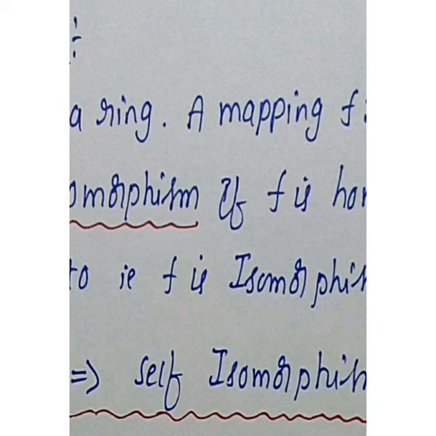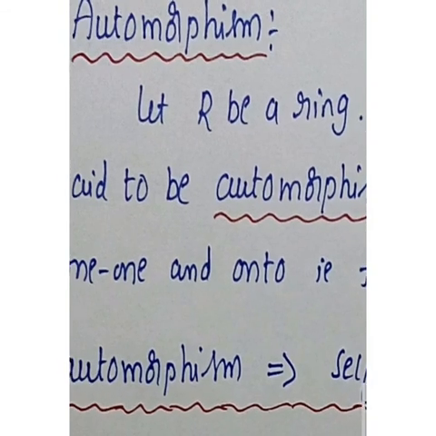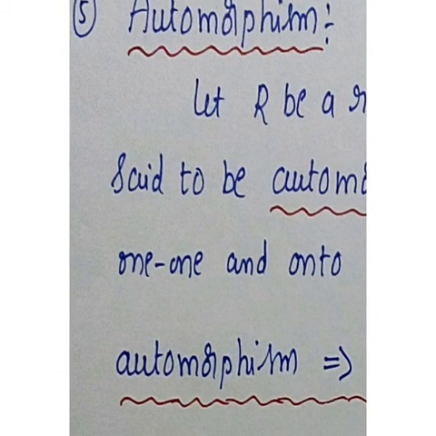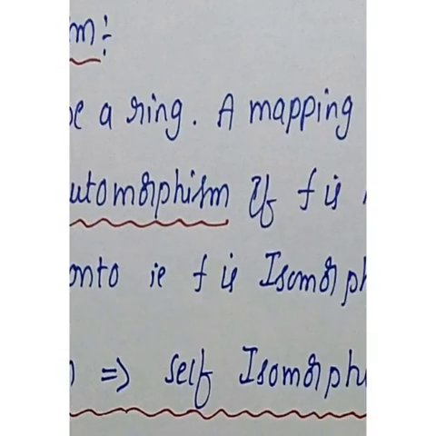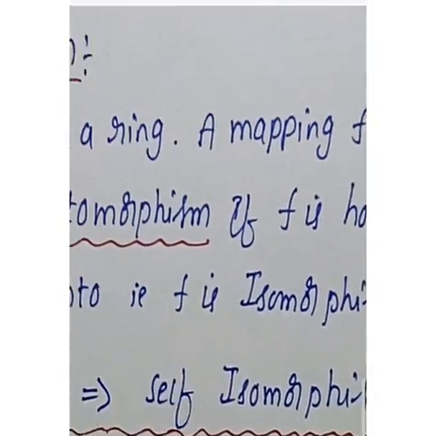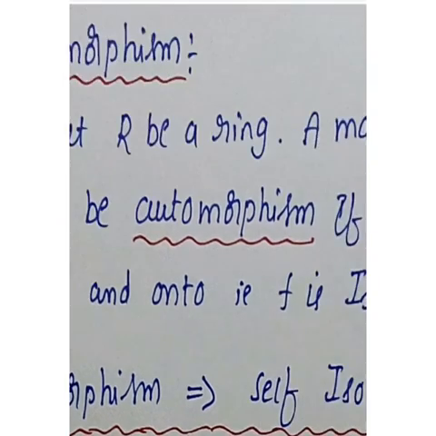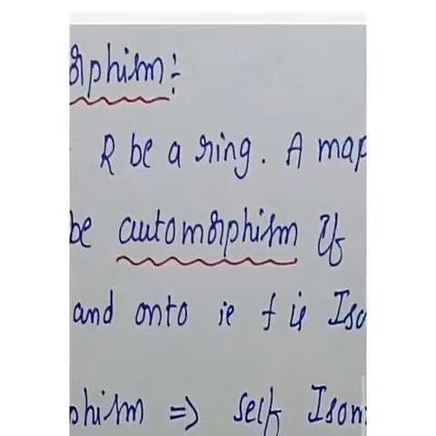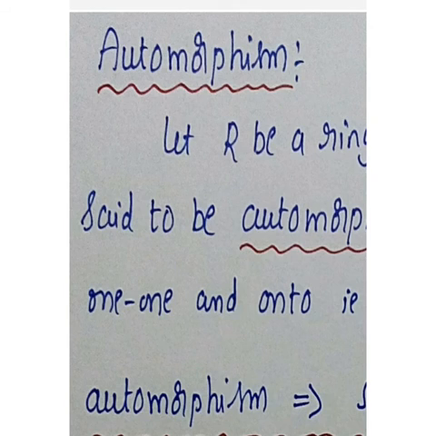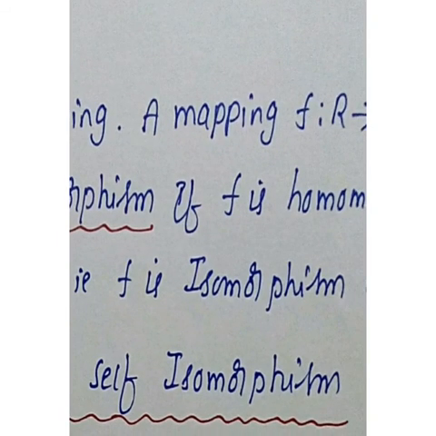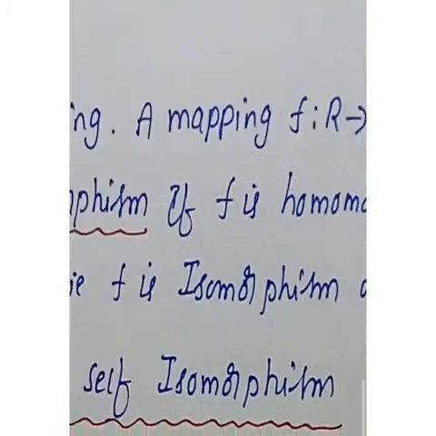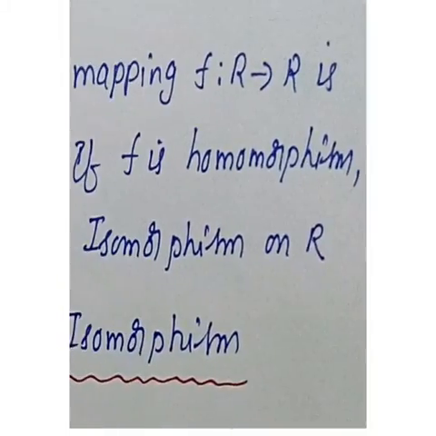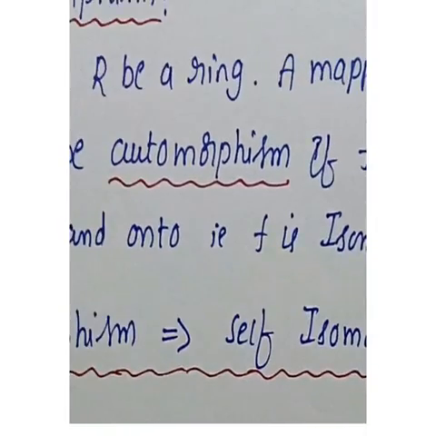In the case of R to R', we take R to R, and if it is an isomorphism, then it is called automorphism. So what is the definition of automorphism? Let R be a ring, a mapping f: R → R is said to be automorphism if f is a homomorphism, one-one and onto. Then f is said to be an isomorphism on R, nothing but automorphism.